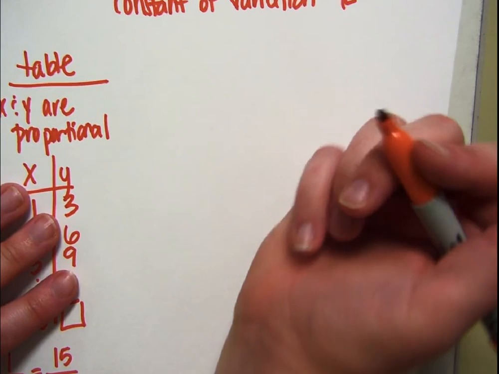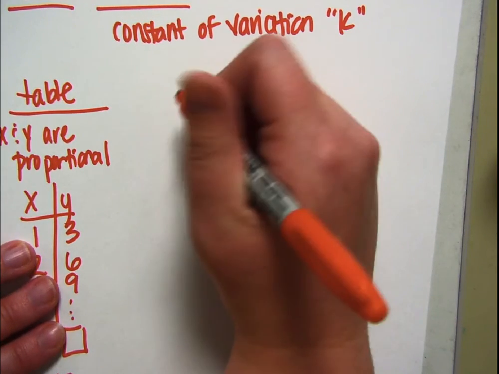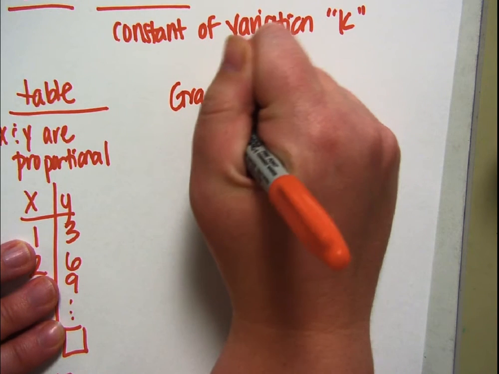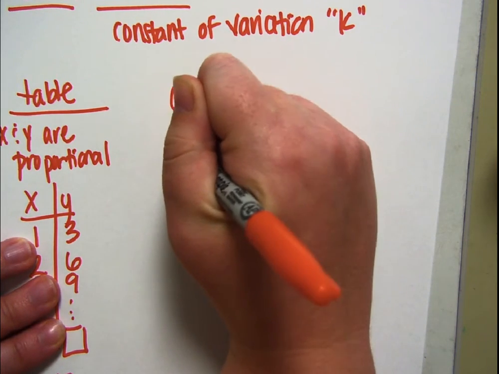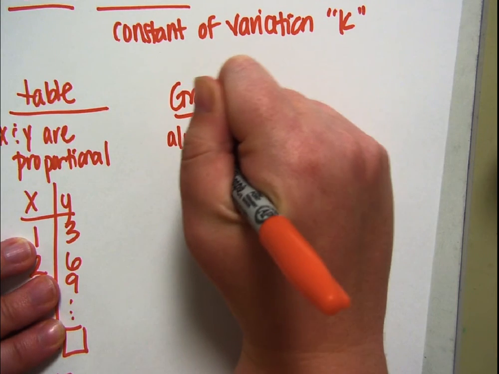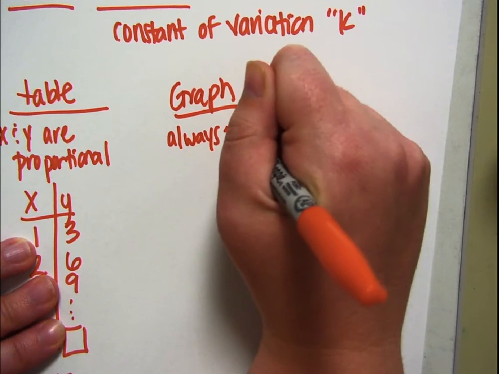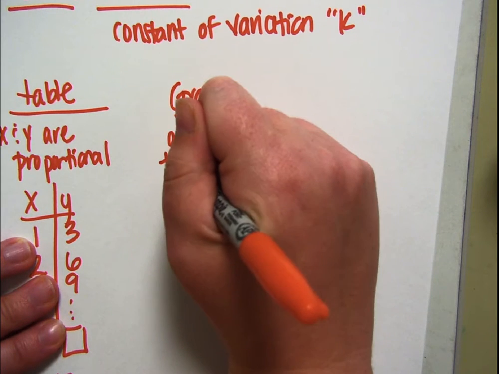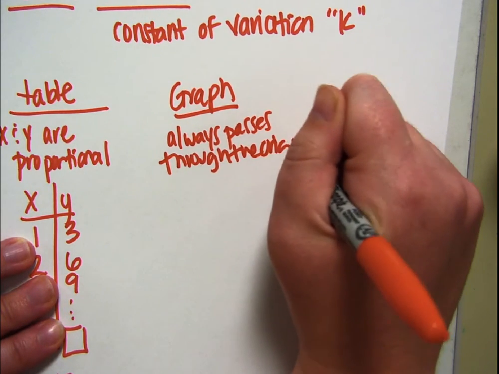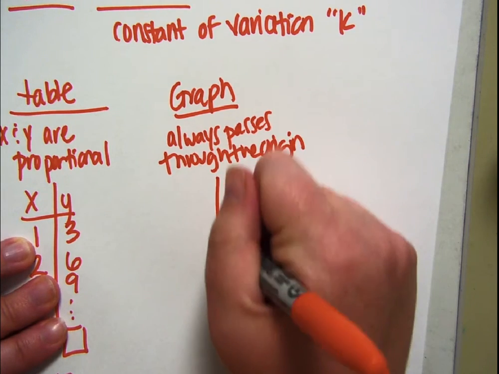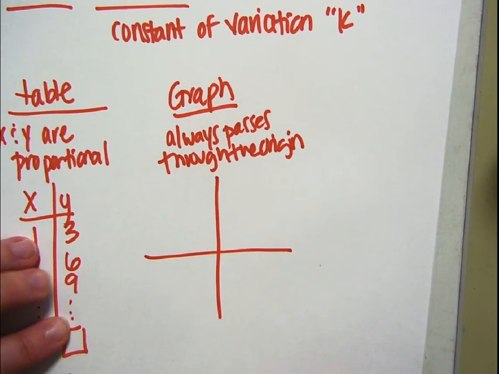The next way that you can represent a direct variation is with a graph. If you're representing a graph, the thing to keep in mind with direct variation is that it always passes through the origin. So this is just a rough sketch.